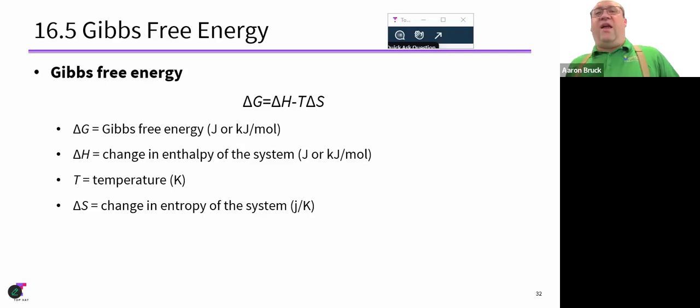And we can measure entropy of the system in the same kind of way, not necessarily with a calorimeter, but we have other means of experimentally determining it. What this allows us to do is evaluate free energy based off of those measurable quantities around and about the system.